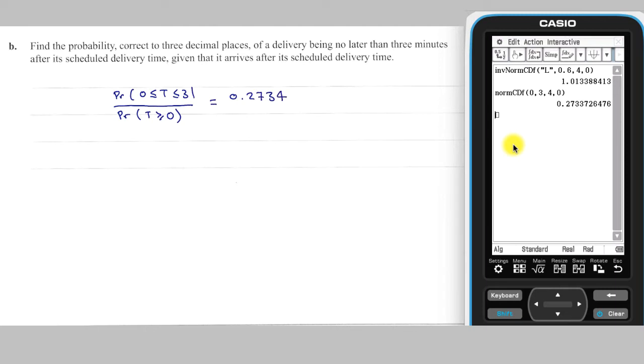As the value of the denominator is 0.5, due to the distribution symmetry about its mean of 0, our answer can be found by dividing this probability by 0.5.